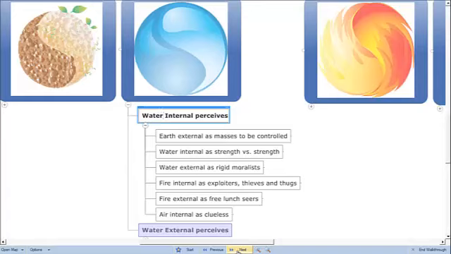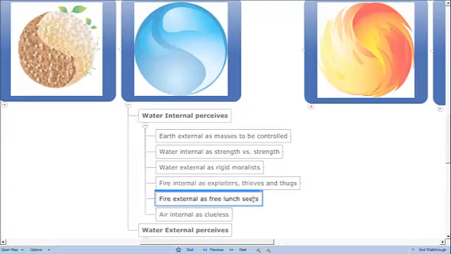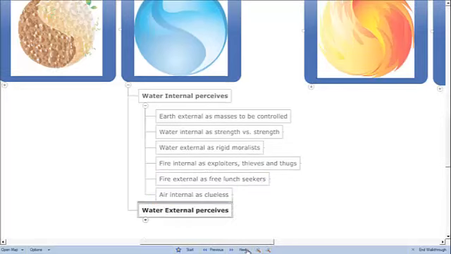It sees fire external, the caring and sharing, vegetarian, vegan, save the whales crowd, as free lunch seekers. I'm going to fix some typos here as I go along. And it perceives air internal as clueless, absolutely clueless.